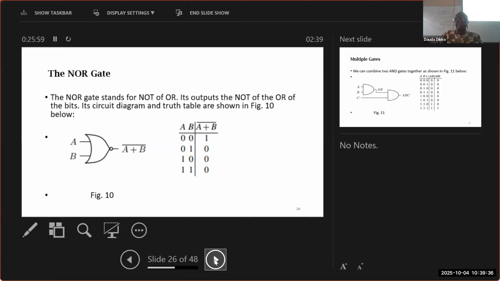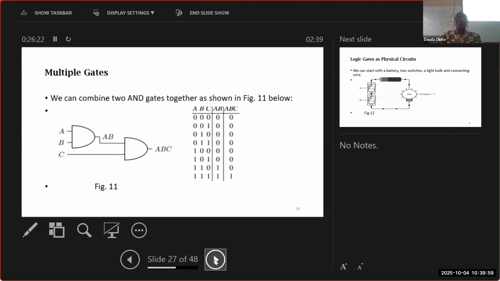Because it negates the OR gate, you have the inversion symbol, and that is the small circle. Okay, so we have the NOR gate.